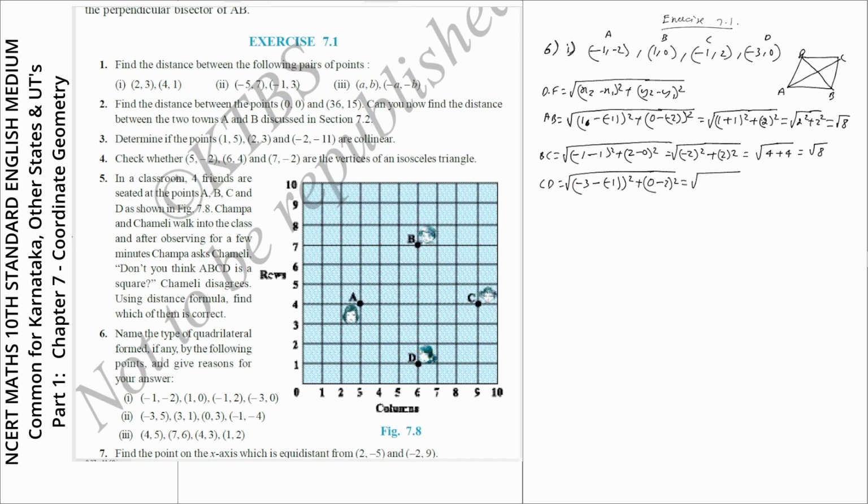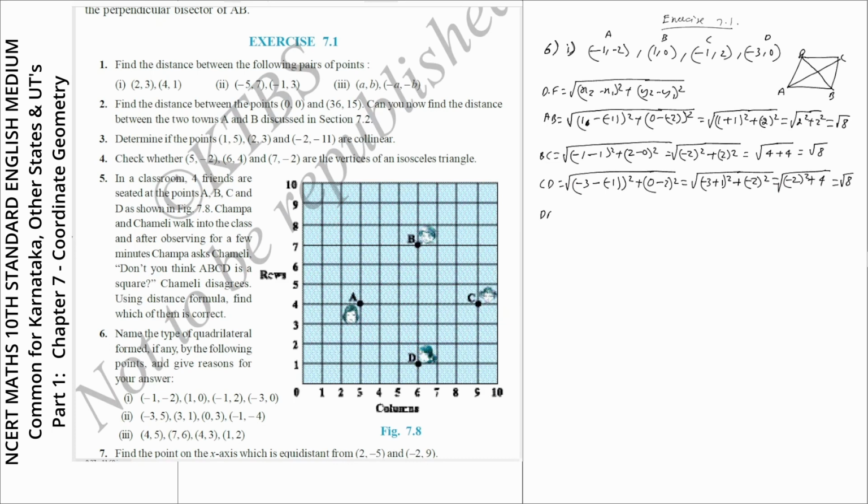So here I'll get minus 3 plus 1, minus 2 the whole square, plus minus 2 the whole square. Minus 2 the whole square is plus 4, plus 4 plus 4 is plus 8.